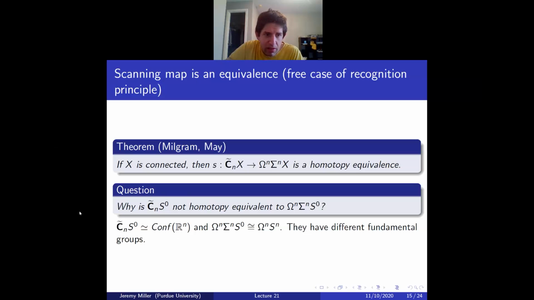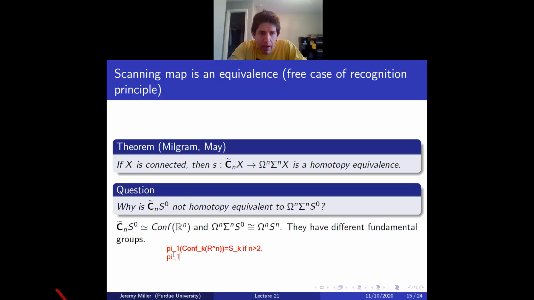So if n is at least 3, then let's write pi 1 of Conf_k(R^n) is going to be S_k, let's say, if n is greater than 2.